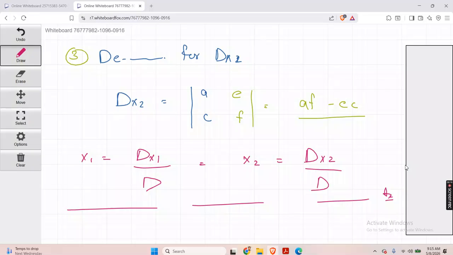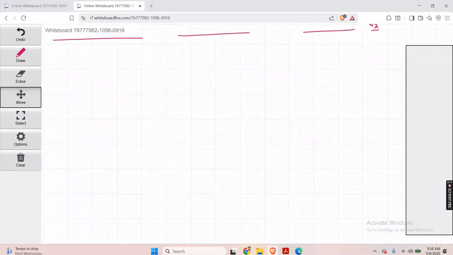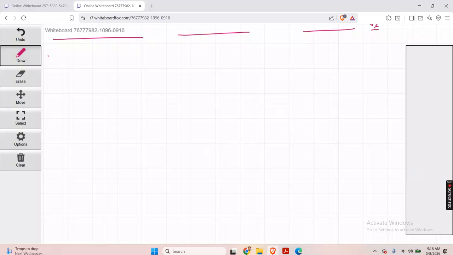Let's solve one numerical, then you'll understand it better. For example, we have one system given, 2x plus 3y is equal to 8, and we have x minus 4y is equal to minus 2.